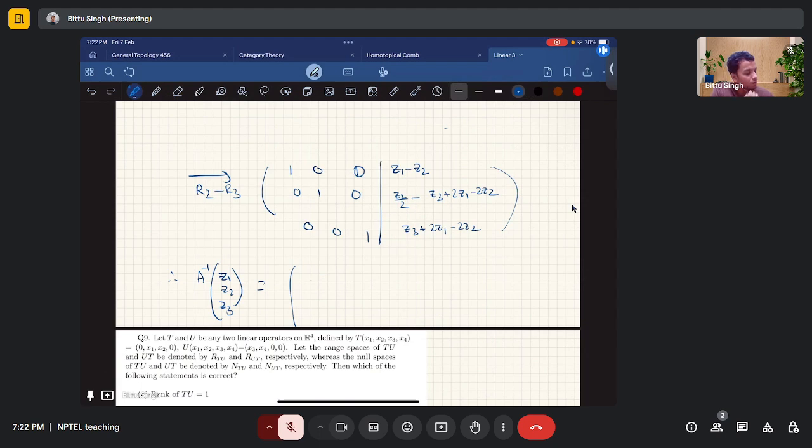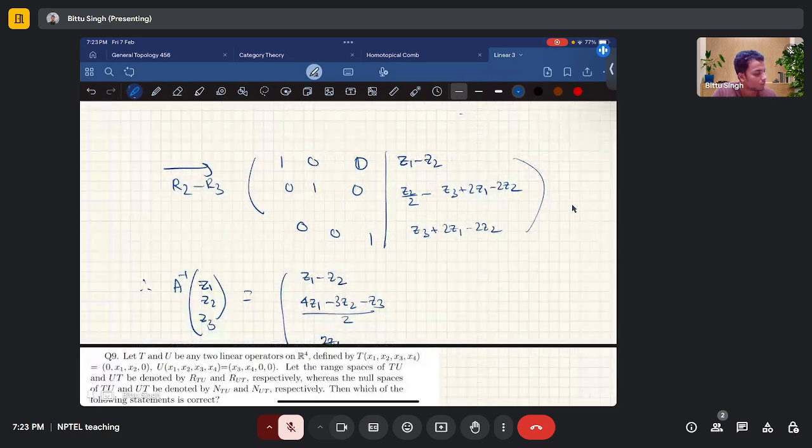Okay, the answer will be Z1 minus Z2 here and 4Z1 minus 4Z2, that is minus 3Z2, Z3 by 2, 2Z1 rearrangement, give 2Z1 minus 2Z2 plus.